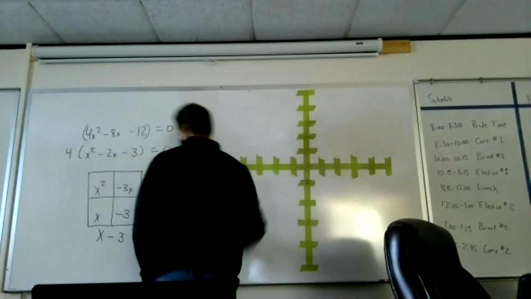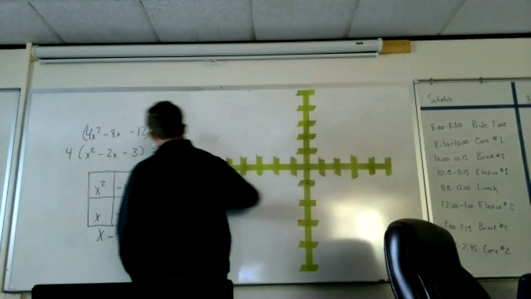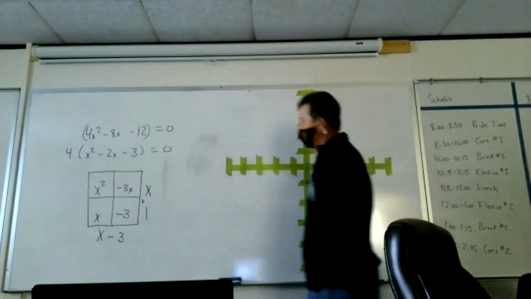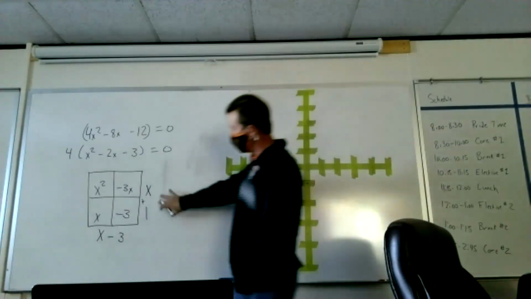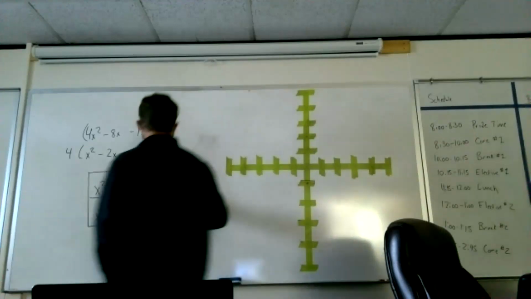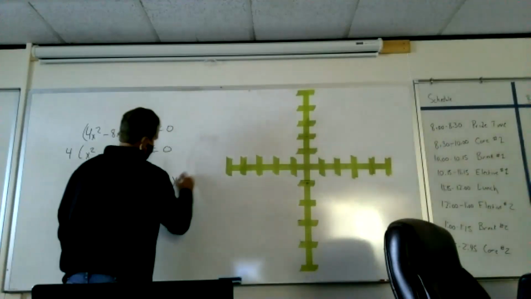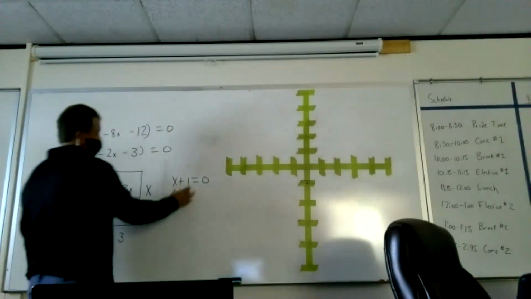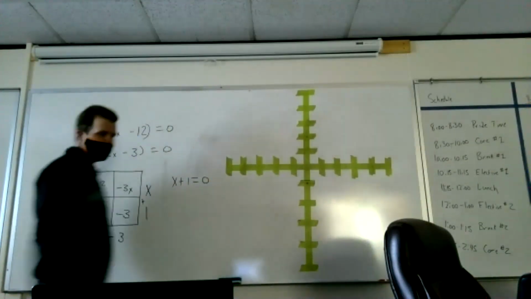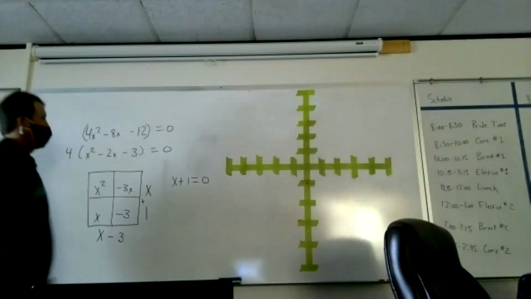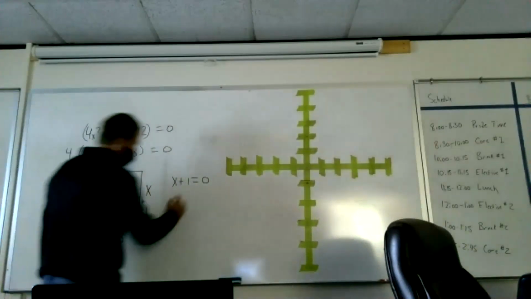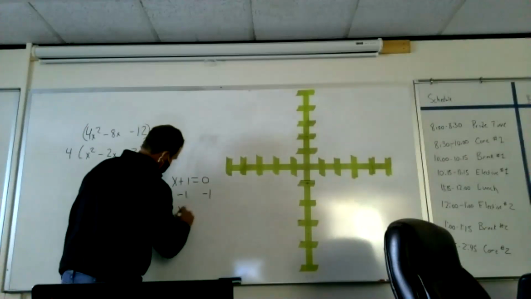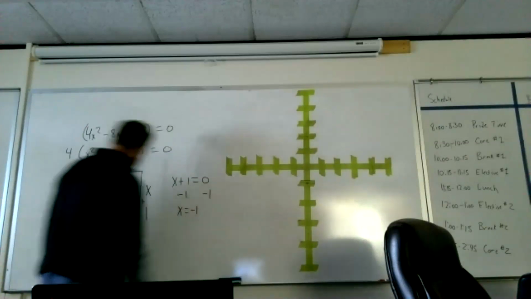So at this point, I have it broken down into my binomial terms. And what I want to do with these is set these equal to 0. So I have x plus 1 as a binomial set equal to 0. And then I'm going to solve them for x. So in order to isolate the variable, I have to subtract 1 from both sides. And I'm going to get that x is equal to negative 1.